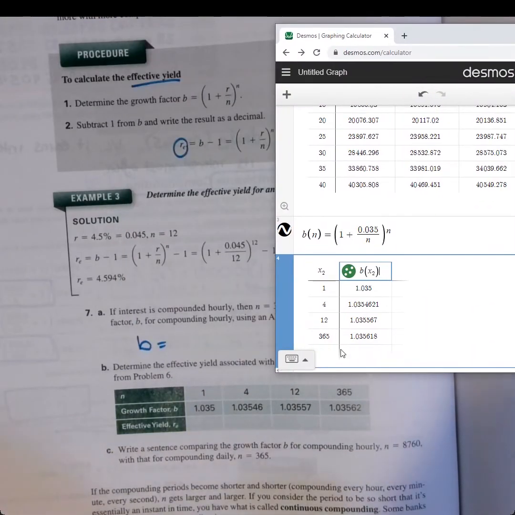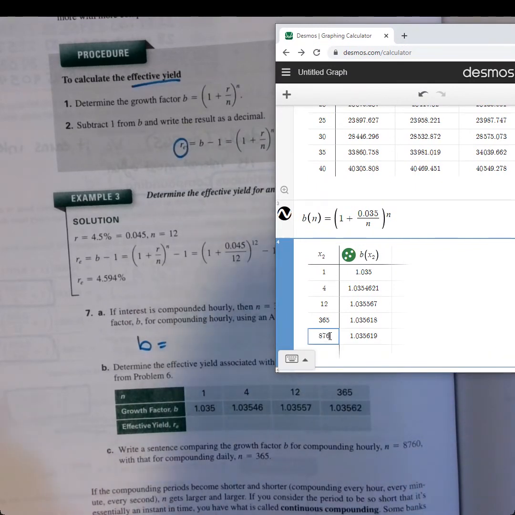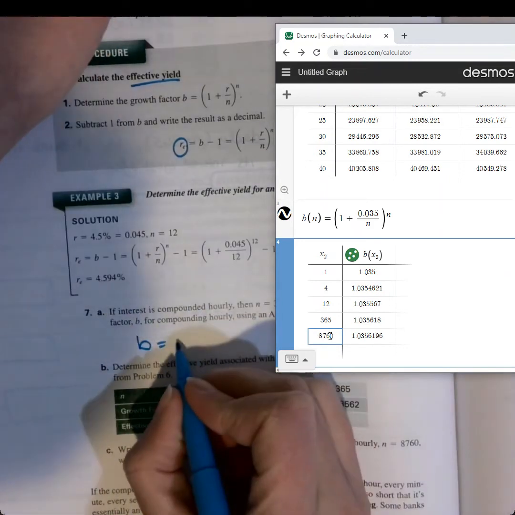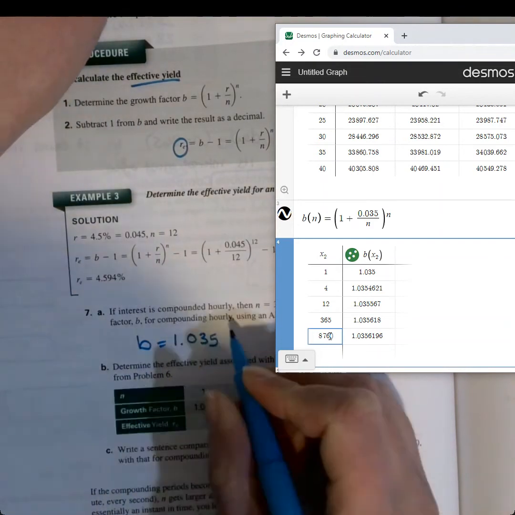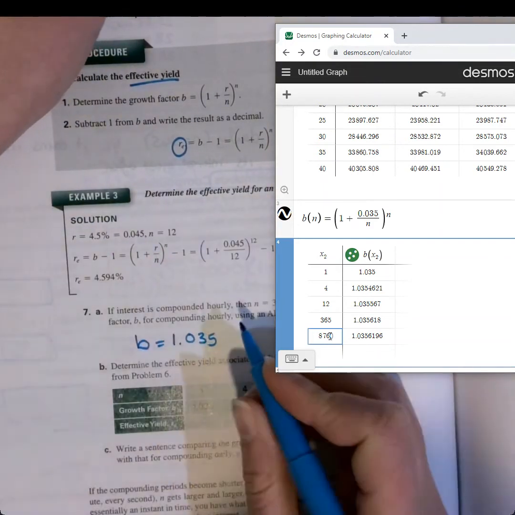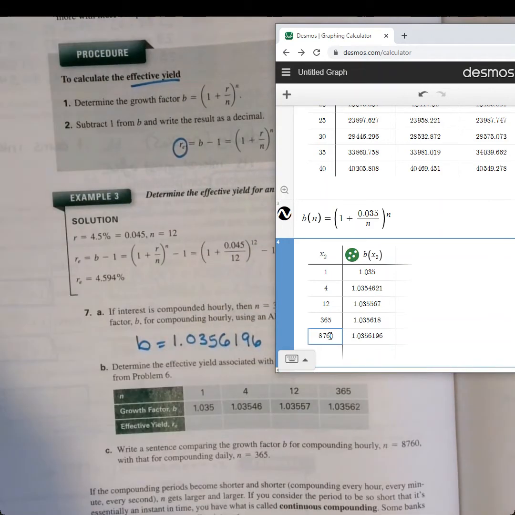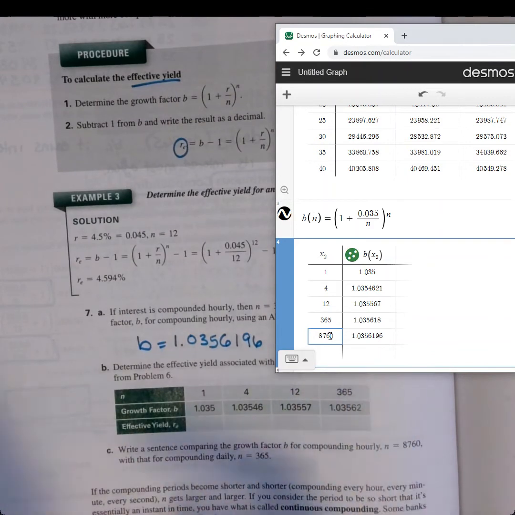So I can plug in the number of hours in a year, 8,760, and I can compute that the growth factor is 1.0356196.